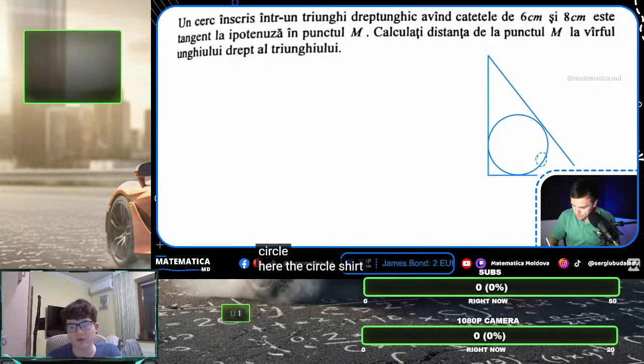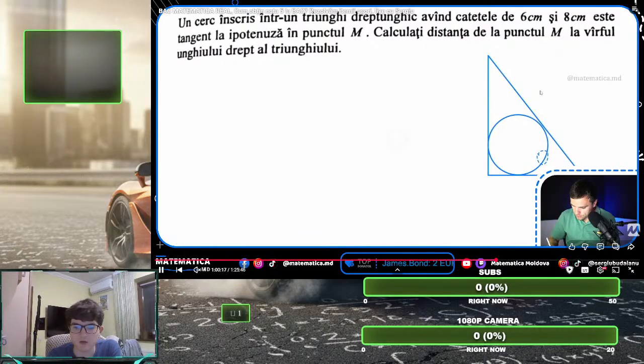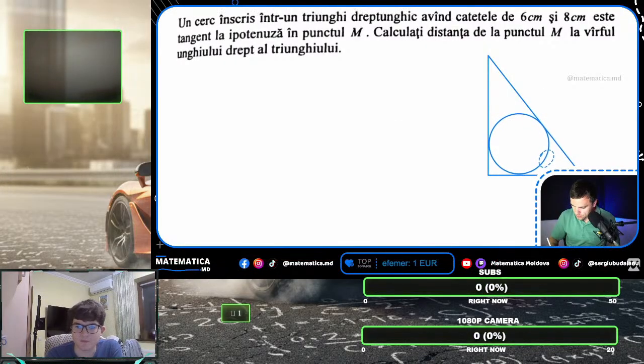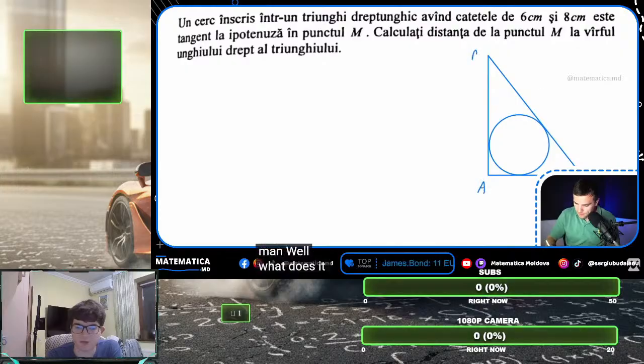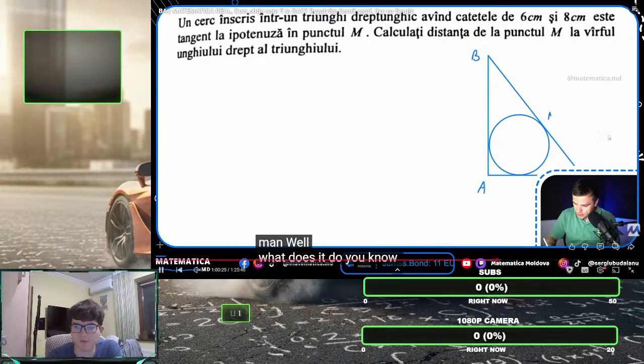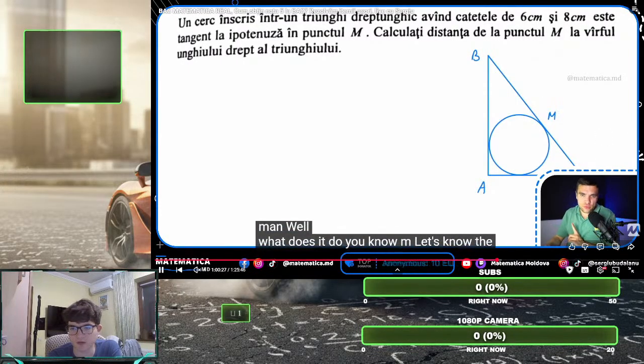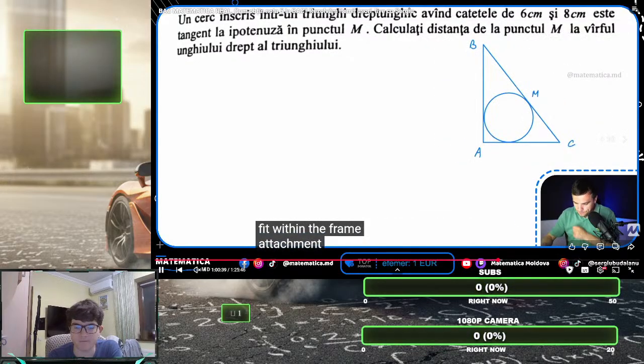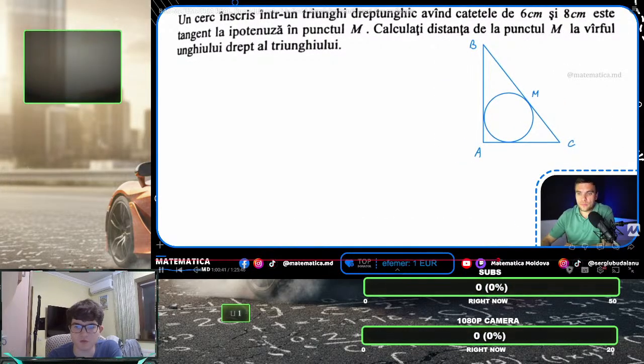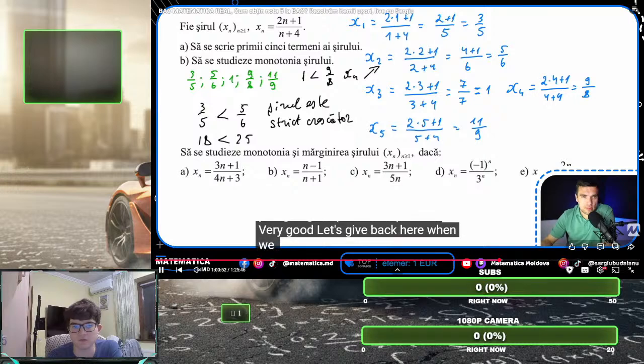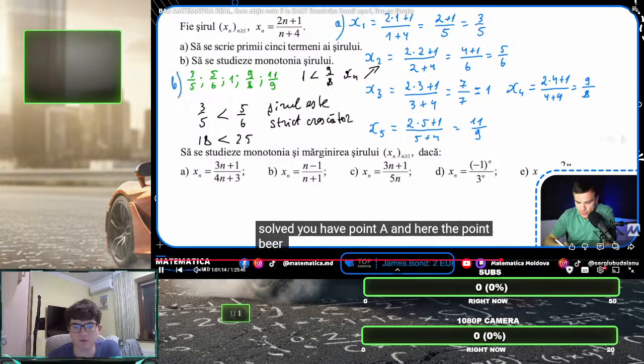And we have to find the distance from M to the right corner of the triangle. I mean, this one should be pretty easy if you know what to do. There ain't gonna be 10 years worth of calculations. So that's how it looks. You can see on this camera here.